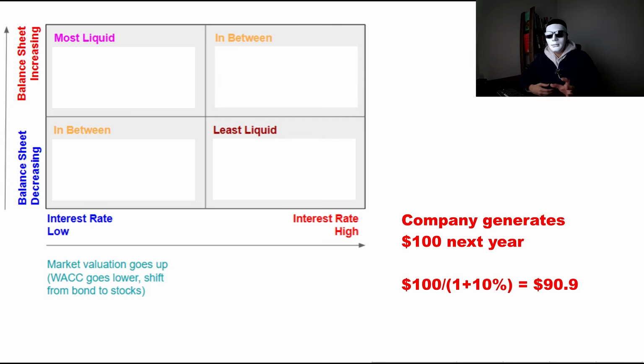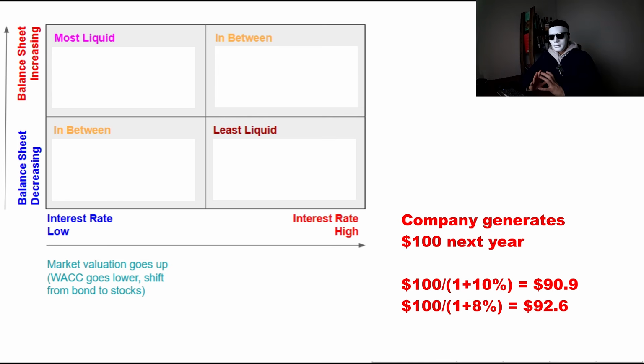However, if the WACC goes down to 8%, the $100 divided by 1 plus 8% becomes $92.6. Therefore, the future cash flow of the company will be valued higher, which leads to a high valuation of companies.